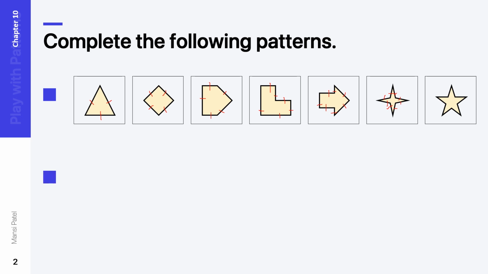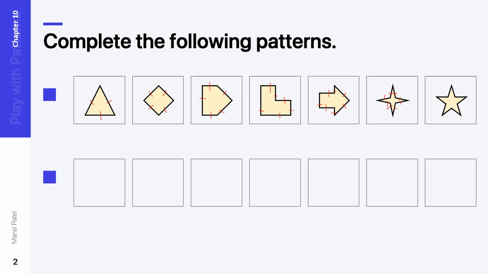Now let us see the next one. In the next, the arrow shows an upward direction. Whereas in the next one, it shows the right side direction, then it shows downwards, then again it shows the left side.